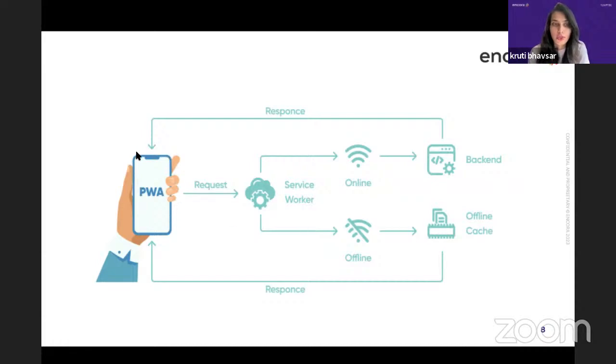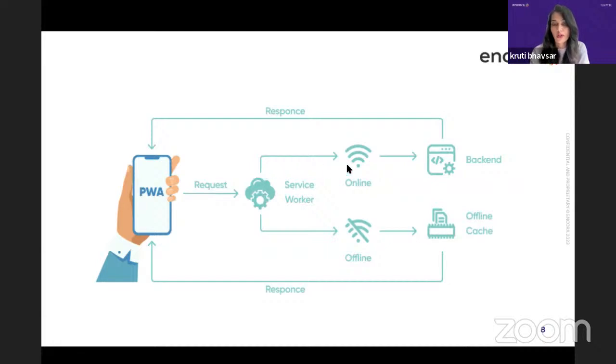If a user opens a PWA website, at that time the particular request is sent to the service worker, and the service worker will handle everything about what to display and what not on the PWA. We will write everything inside the service worker, and it will handle everything.